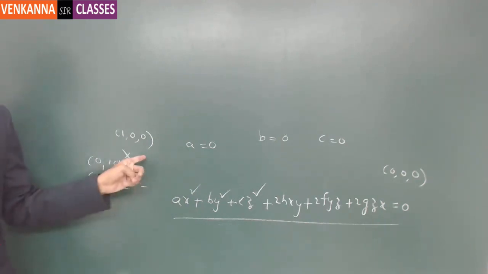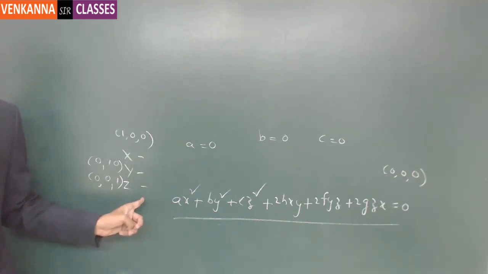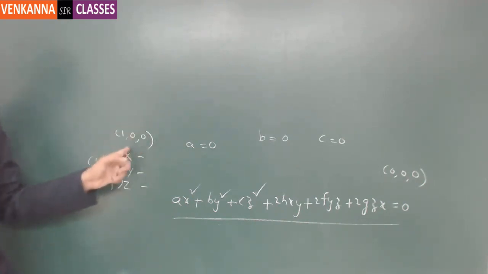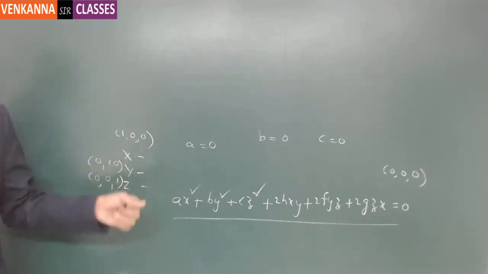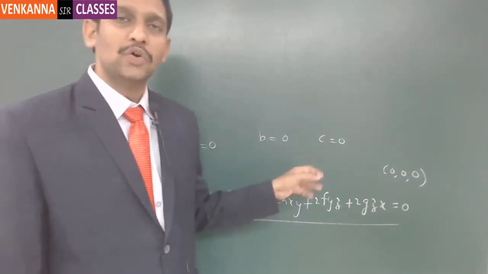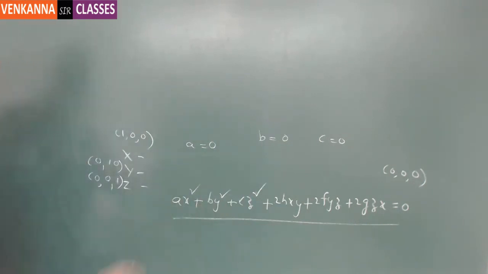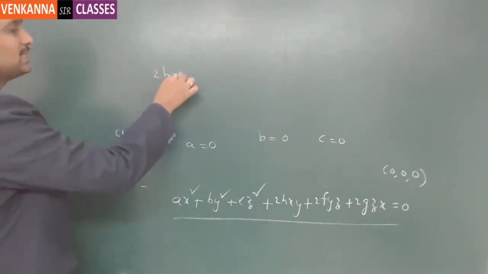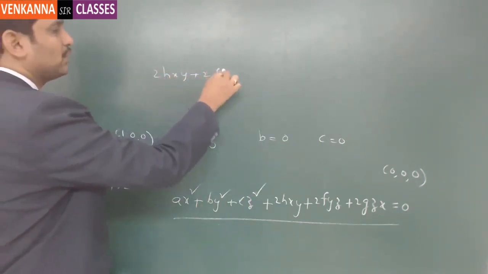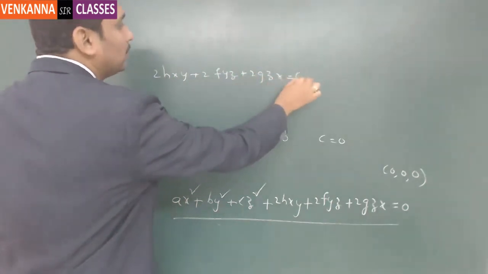So x-axis is a generator, y-axis is a generator, and z-axis is a generator. So the DCs must satisfy the cone equation. Hence I am substituting the DCs values. As a result, I am getting a equal to 0, b equal to 0, and c equal to 0. So it reduces to 2hxy plus 2fyz plus 2gzx equal to 0.